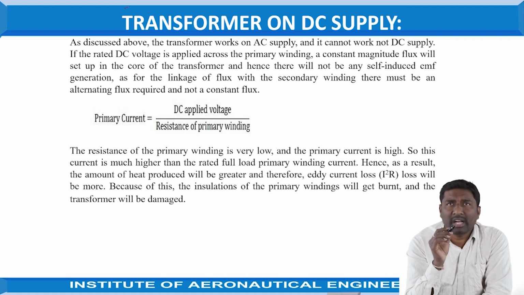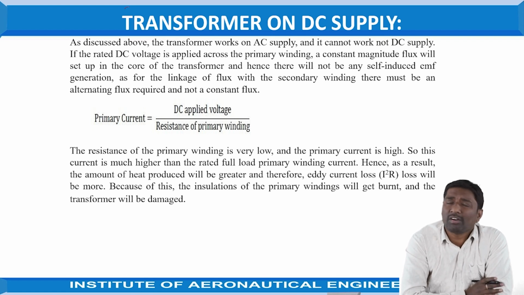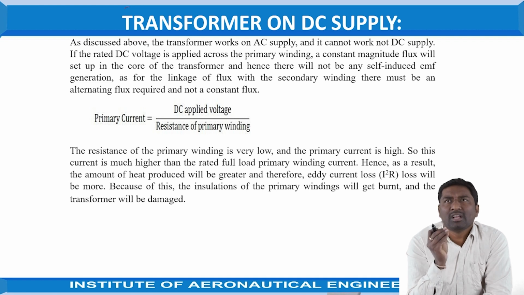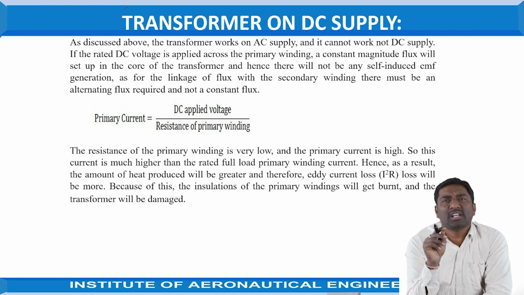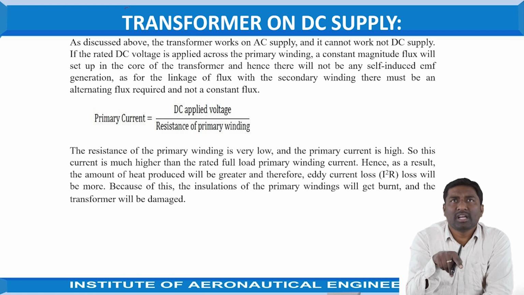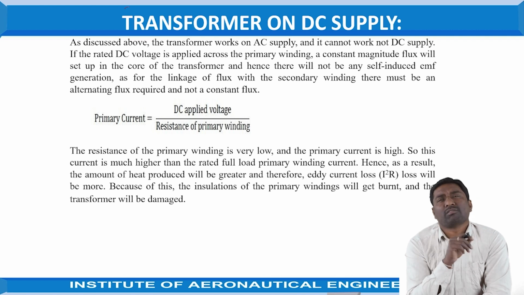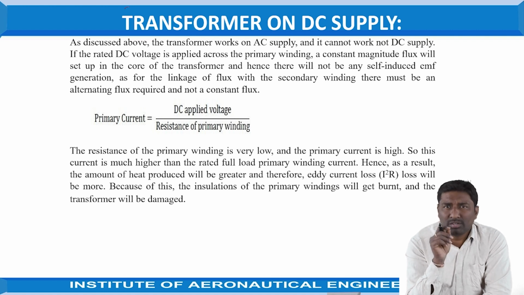If the rated DC voltage is applied across the primary winding, a constant magnetic flux will be set up in the core of the transformer.